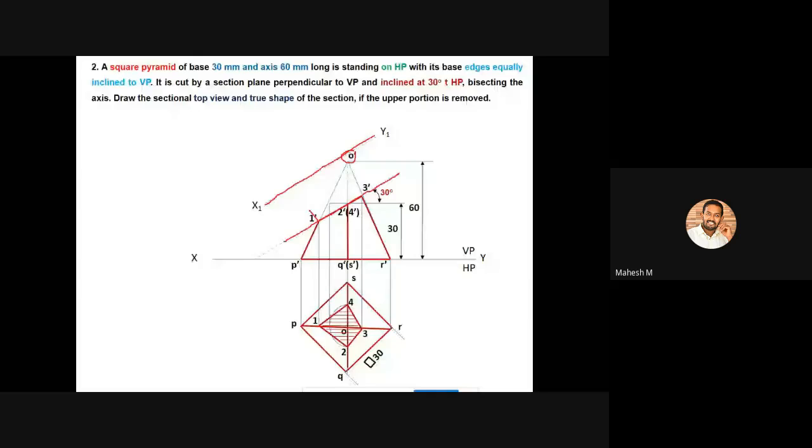So you have to project a vertical perpendicular line for this cutting plane from point 1, from point 2 dash and 4 dash, and from point 3 dash. Like this, 1 dash is projected, 2 dash and 4 dash are projected, and 3 dash is projected. Okay, so after doing that, what is our next procedure?